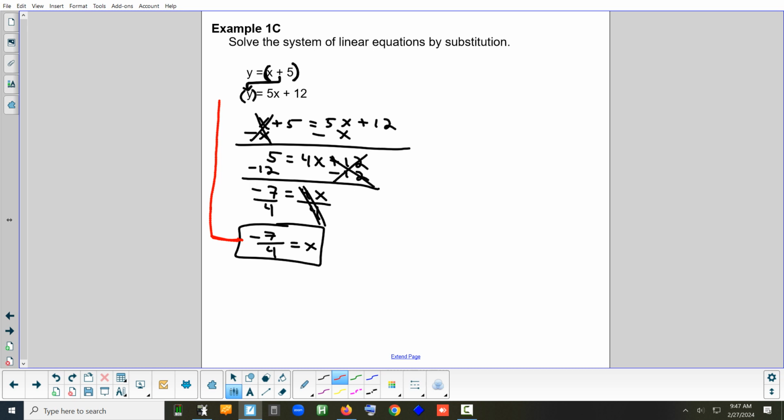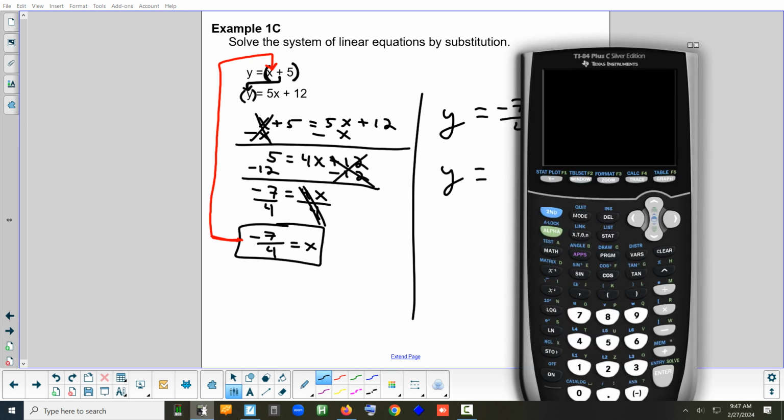So take that and plug it back in. Right there. So you're going to have y equals. And what are we filling in for the x? -7/4. Yep, -7/4. And what do we have to add to it? Plus 5. You still have to do the +5.